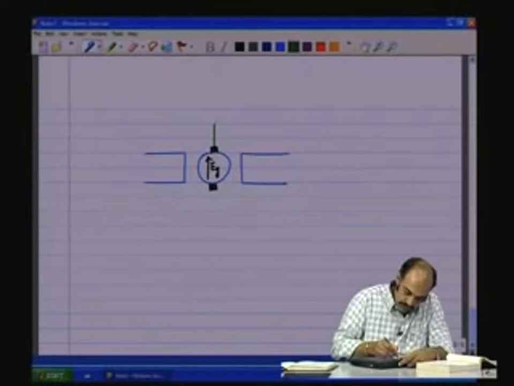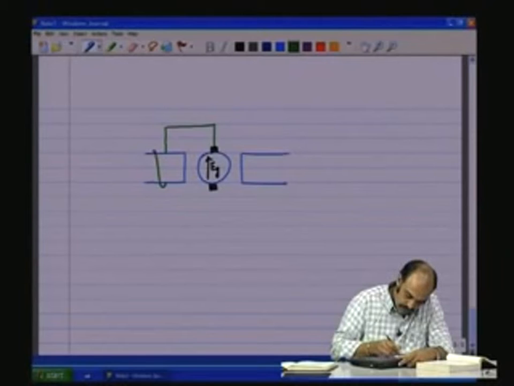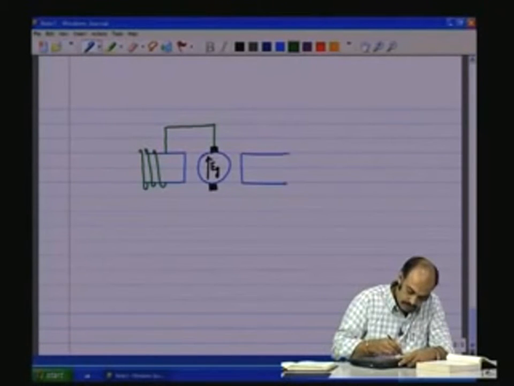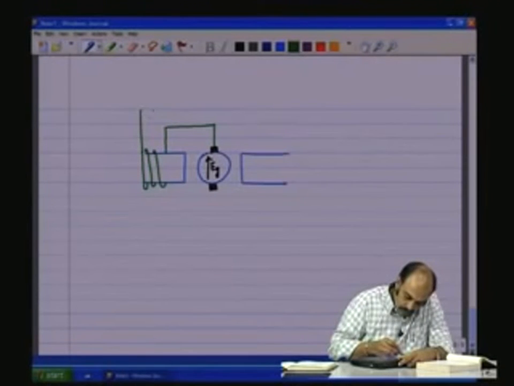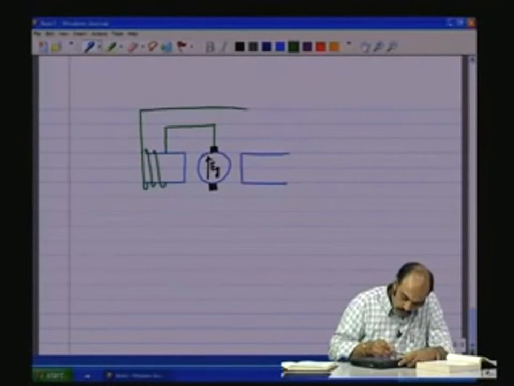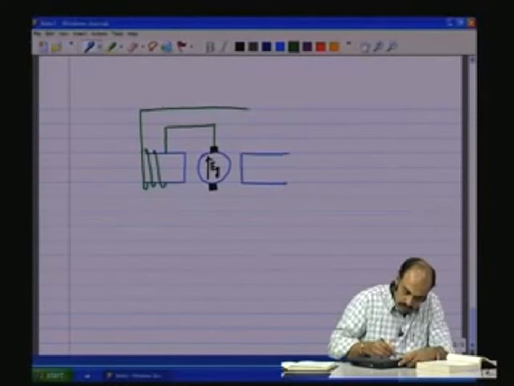So, the shunt field winding goes like that, and so on, then it goes to the other pole, and let us wind it.